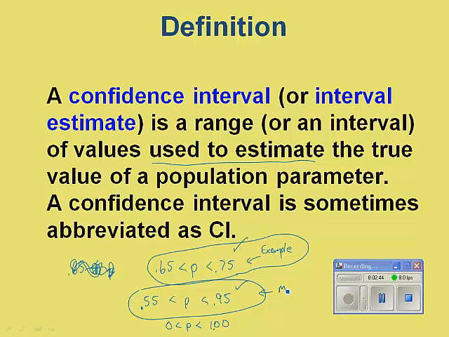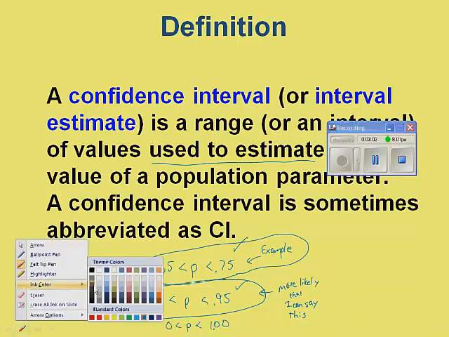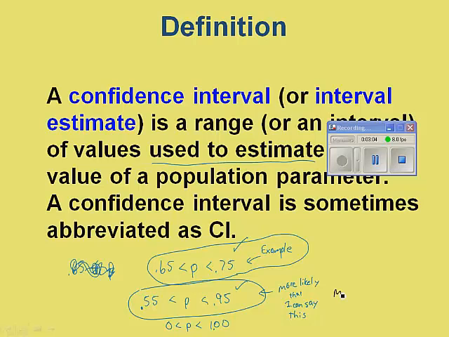But I like how someone said that this is more likely, in a sense, that I can say this. You're giving it more room for error. More room for error. Let me write that down. More room for error.